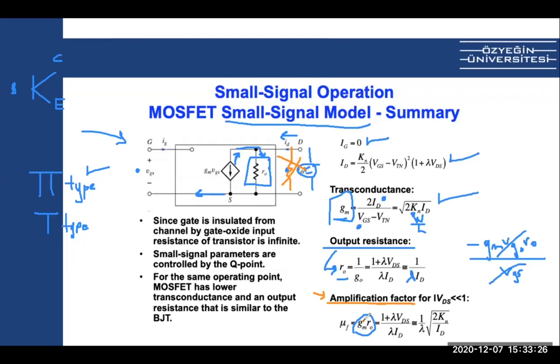GM shows you how good an amplification it provides, and R0 is how big its intrinsic resistance is. This R0 is the intrinsic resistance of the CMOS. It's basically the channel resistance of that MOSFET.